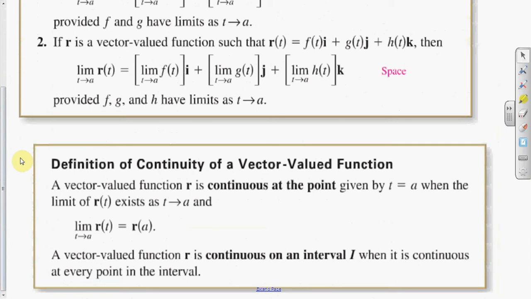Sometimes the limit may exist and you don't know what it is. That's okay. Second, r(a) is defined. That is, I can evaluate the vector function r at a. And thirdly, the limit of r(t) as t goes to a is precisely r(a).